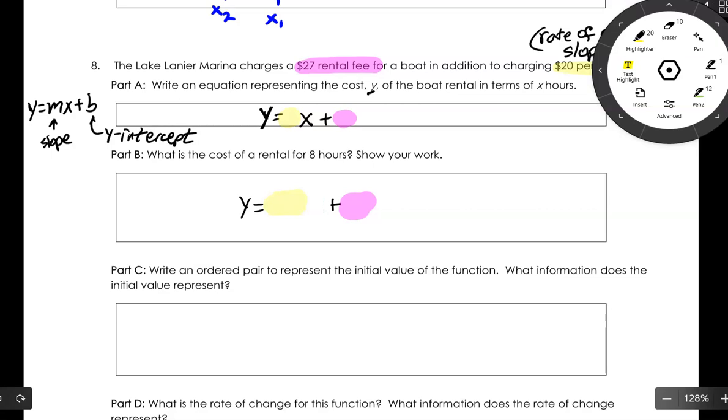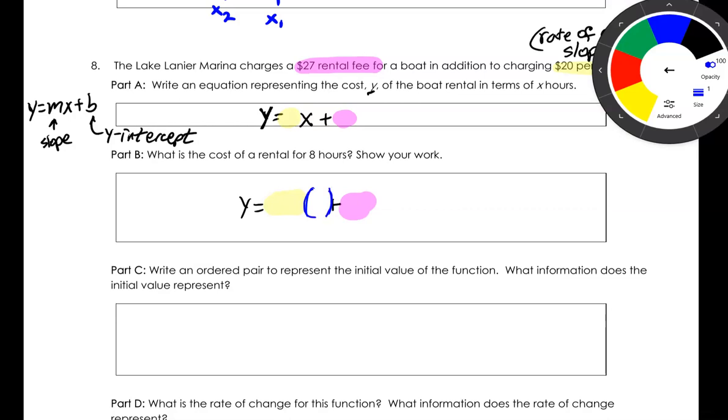It's no longer x, but we're going to put parentheses. Hours is x. So that means you have to take this 8 and plug it in here. Then you're going to do the rest.